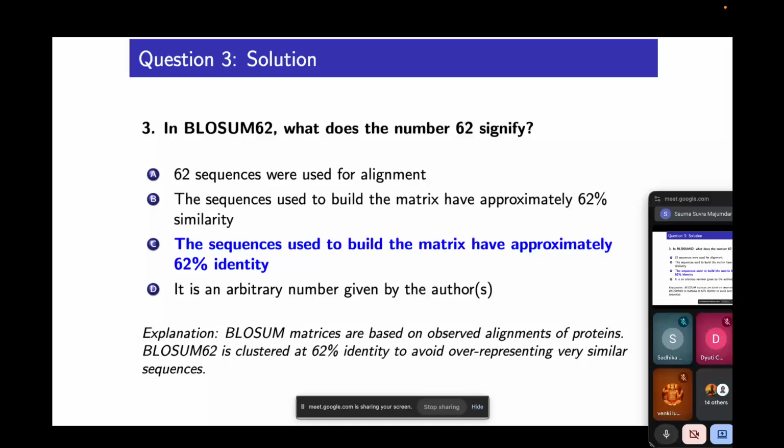So if you have 100% or very high similarity, it is very hard to construct a scoring matrix like this. On the other hand, if you have very low identity between two sequences, it is also harder, because if you have two completely different sequences, it is very hard to identify which are the conserved regions, because there will be no conserved regions, and which changes have brought about evolutionary divergence and so on and so forth.